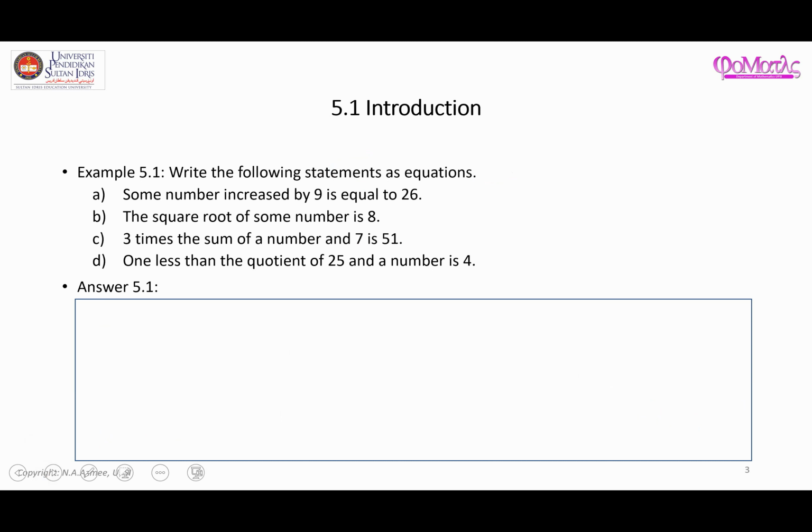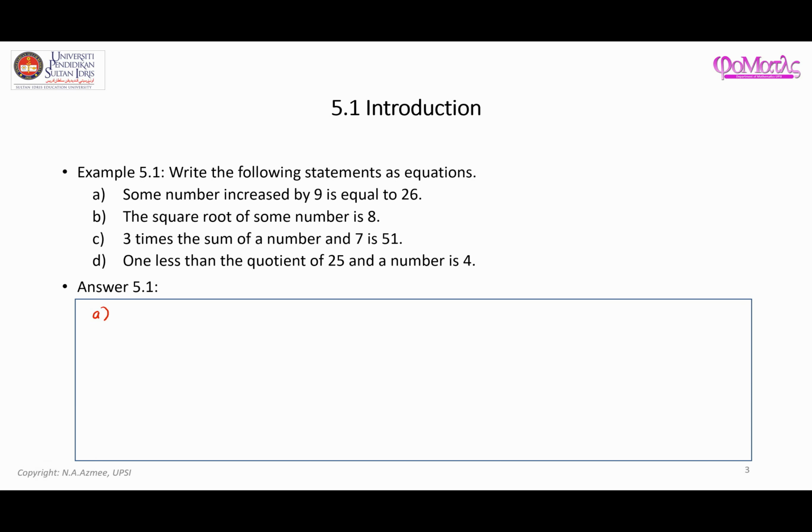Right, so now this is just a simple example that is going to illustrate how you can turn word statements into mathematical equations. So the first one is some number increased by 9 is equal to 26.